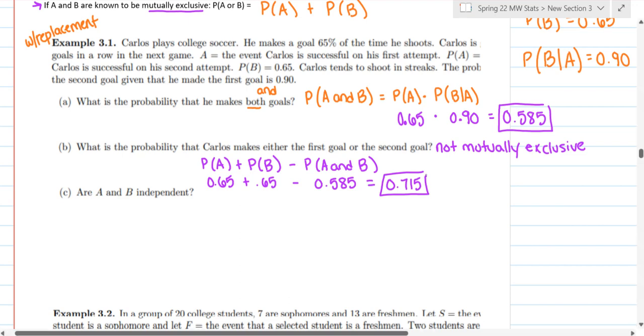Okay, then part C, are A and B independent? So independent means we're looking at the probability of A, and the probability of B given A. They're going to be independent if those probabilities are equal. Are those probabilities equal?